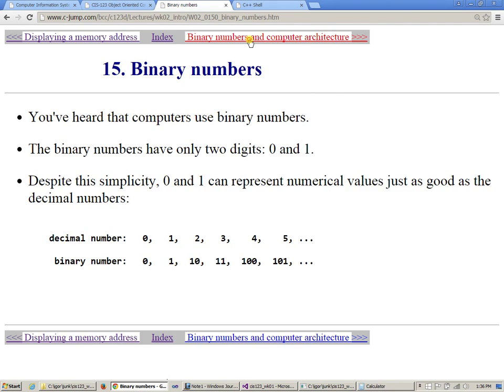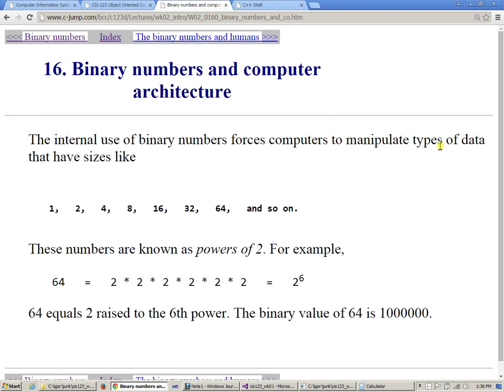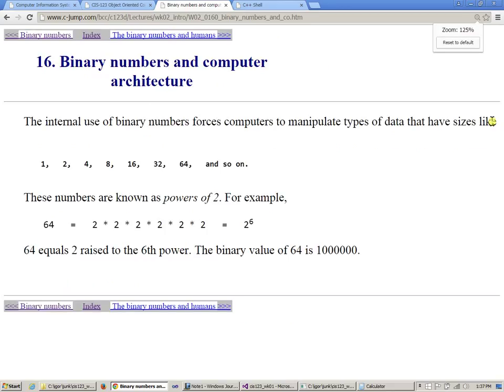Okay. So binary numbers and computer architecture, another thing for us to look at. The internal use of binary numbers forces computers to manipulate types of data that have certain sizes.